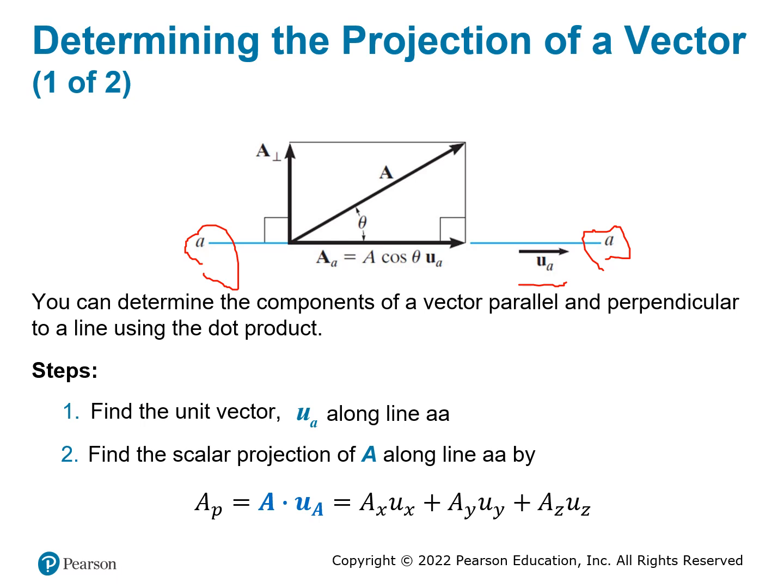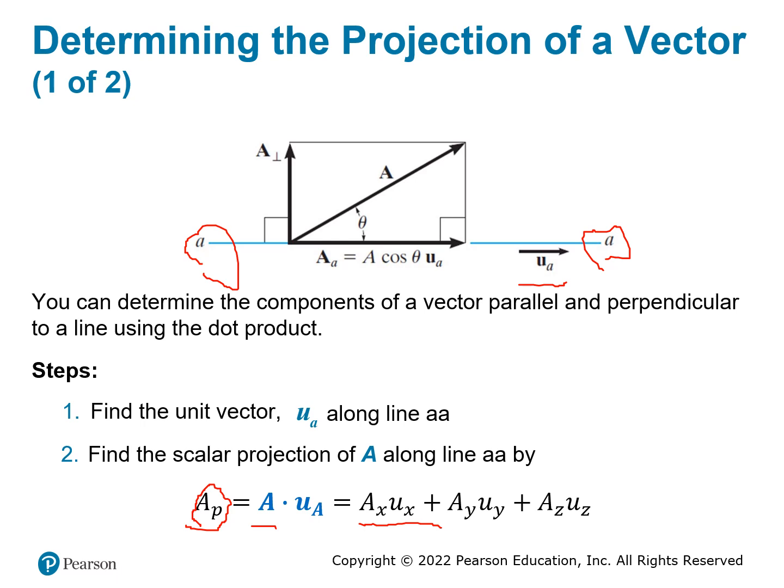So here we put A sub P to represent how much of A is projected along this line, which is the AA line here. We simply use the vector A with the dot product of u_A to get the projection.